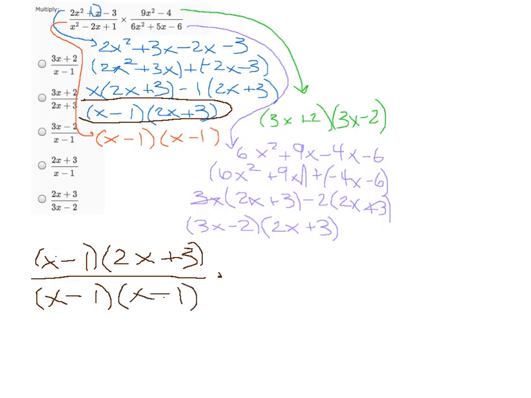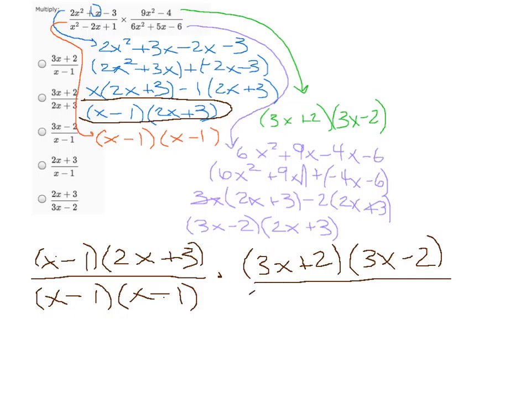And this is all multiplied by our numerator of the quantity 3x plus 2 times the quantity 3x minus 2 divided by the quantity 3x minus 2 times the quantity 2x plus 3.